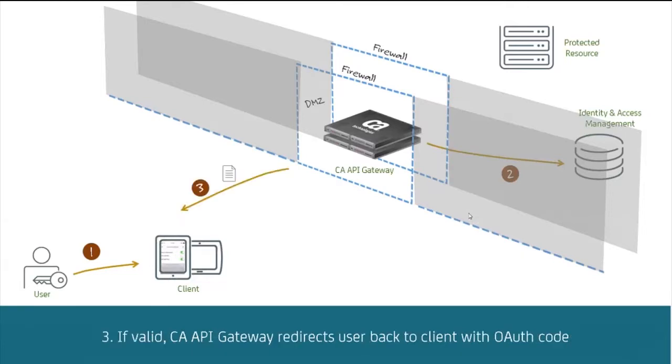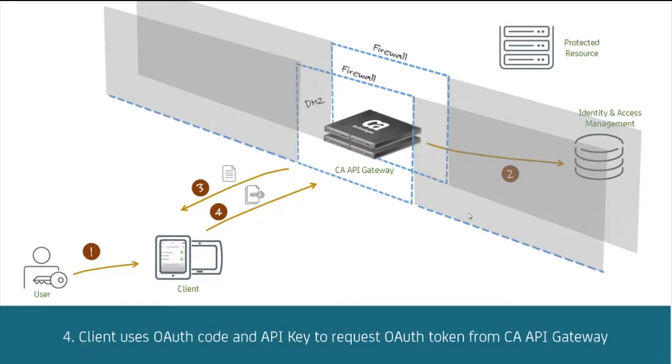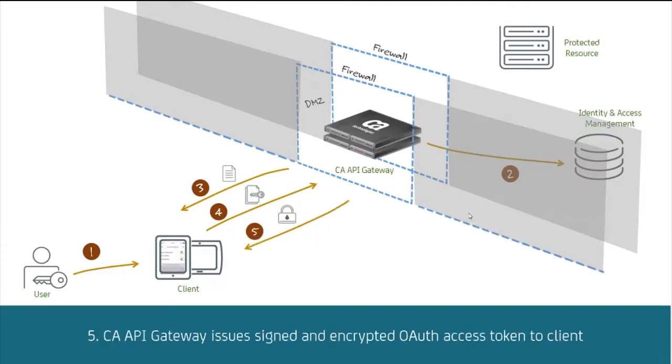Once you're logged in, the API gateway redirects the user back to the client with an authorization code. The client then uses this code to request a token from the gateway. If authenticated, if the client is valid, and if the client ID is correct, the gateway issues a signed and encrypted OAuth access token.